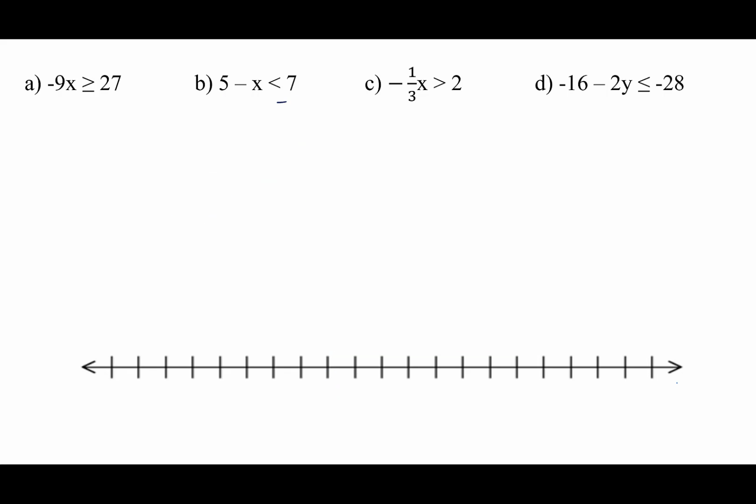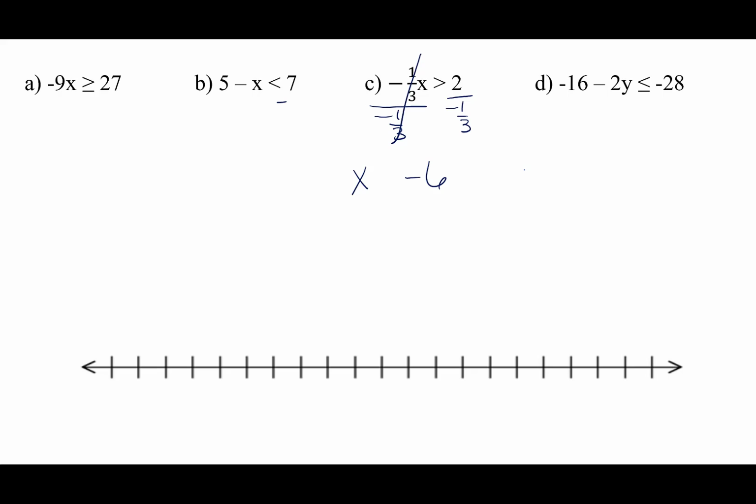C is negative 1/3 x greater than 2, so we'll divide both sides by a negative 1/3. Now remember, when you divide by a fraction, it's the same as multiplying by the reciprocal. So the negative 1/3 divided by negative 1/3 is just x. Dividing by negative 1/3, that's really 2 over 1 times negative 3 over 1, which is negative 6.